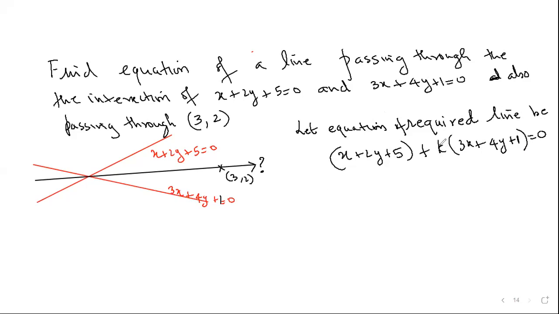Okay, now we have to find the value of k. Next line, this is the first point; second point. Now we are going to find the value of k. (3, 2) is a point on it.